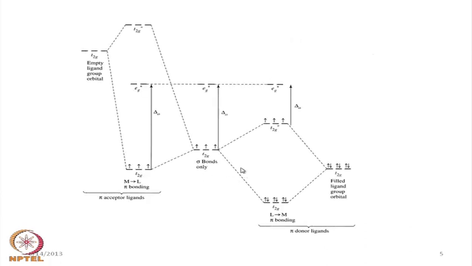Now, if we compare side by side these two things, that means earlier we have considered that we have sigma bonding as well as we have pi bonding, and if the ligand is of pi type, so if we have pi bonding, so original separation is this, that means this is the T2G separation, and this has been shown for a situation where it is a d3 type of electronic configuration, that means the cobalt 3 system.